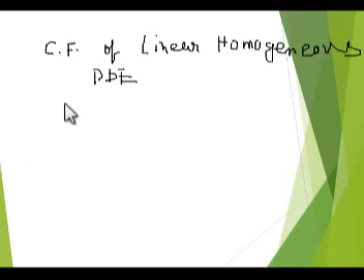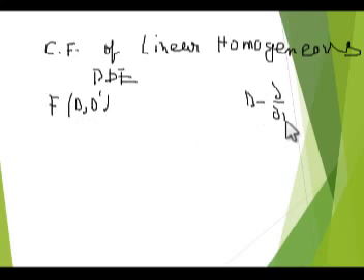Suppose the partial differential equation is given in this way, f(D, D prime), with two differential operators, where D is del by del x and D prime is del by del y.